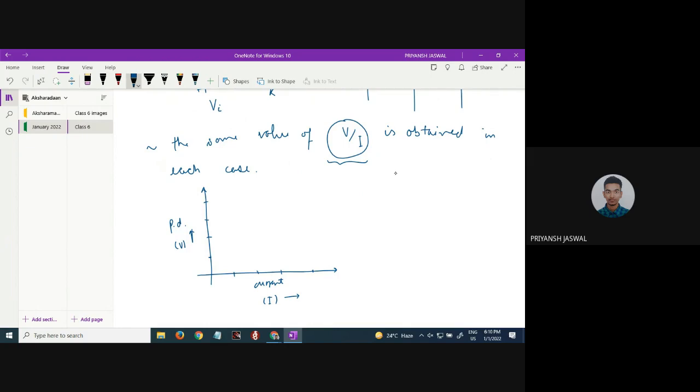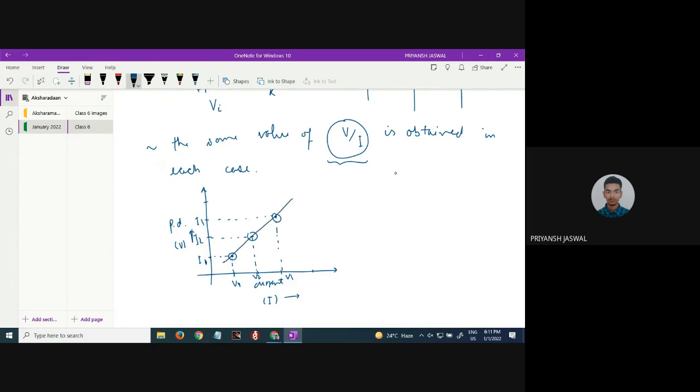Graphically, if we plot for V1 the current I1, for V2 the current I2, and for V3 the current I3, then the curve through which all these points pass will be a straight line.